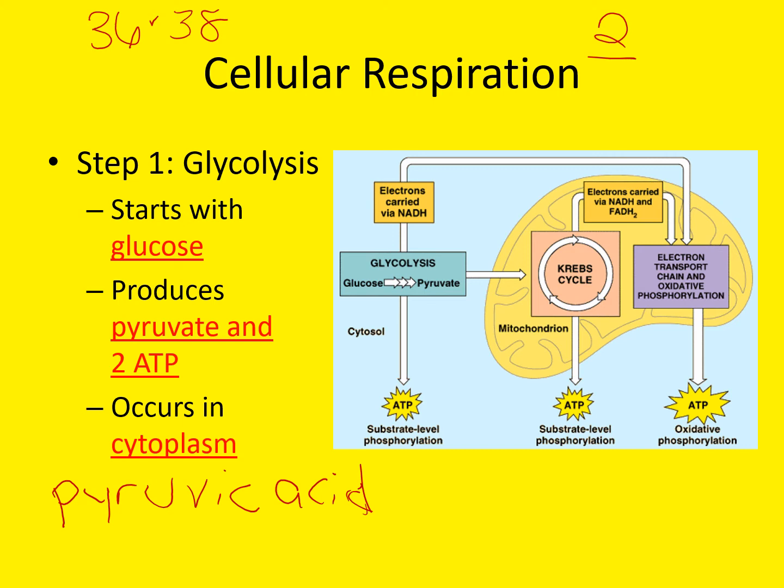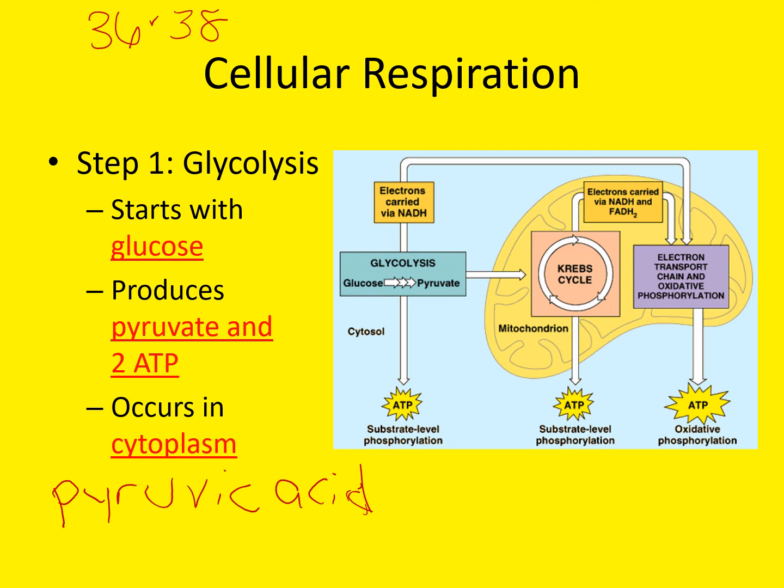Now, the next steps will occur only in cellular respiration, which is aerobic respiration. So if oxygen is present, we're going to go to the next steps. If oxygen is not present, we'll go to something called anaerobic respiration or fermentation, which is going to be a different video. So, as animals, we breathe in oxygen.